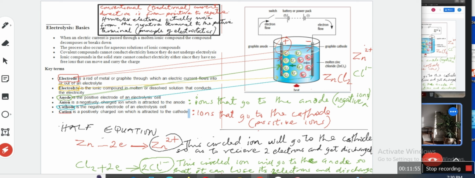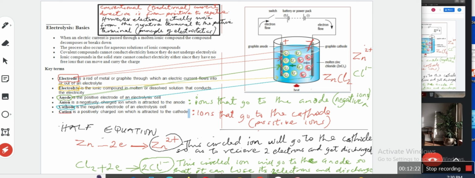First of all, anode is what kind of electrode? Positive. And they attract what? Negative ions. And because they attract negative ions, those ions that are coming to the anode are called anions, or anode ions.